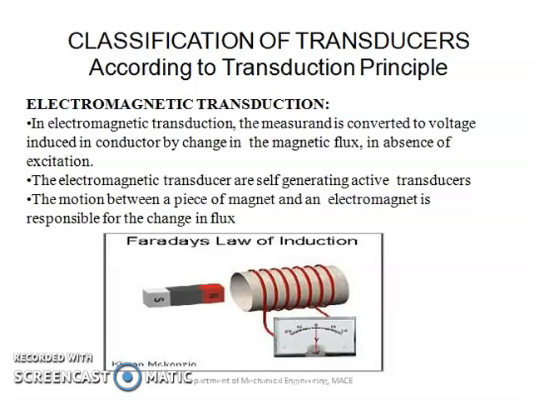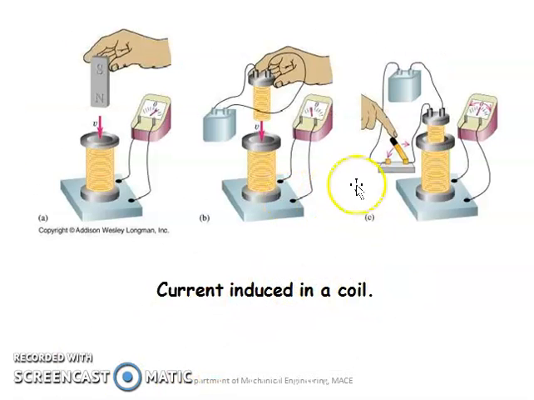So normally electromagnetic transducers are self-generating active transducers. In these transducers, the motion between a piece of magnet and an electromagnet creates a change in flux, and this change in flux can be sensed and converted into signals.